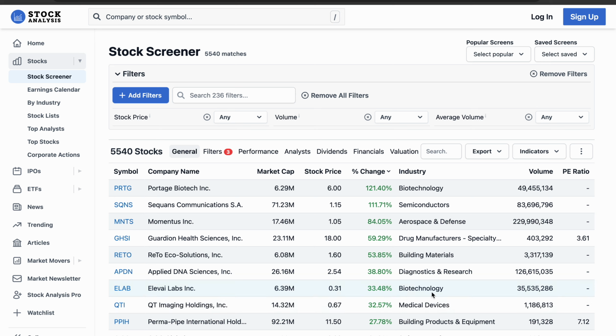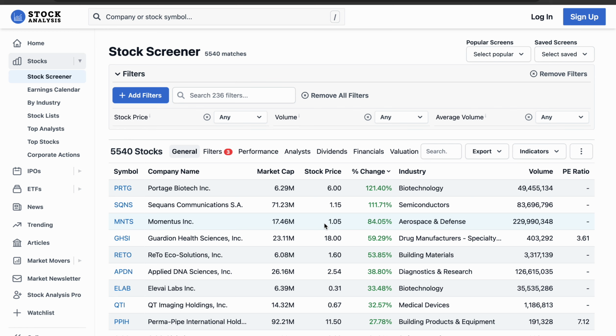If you look at the cheaper ones, the most volatile ones I normally see are the healthcare and technology industry, and I do see some aerospace over there. This is how I would find my penny stocks to trade.